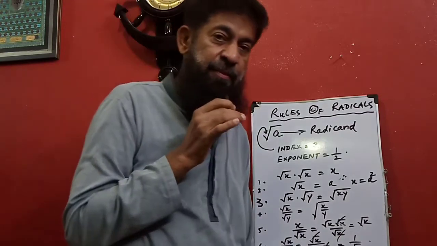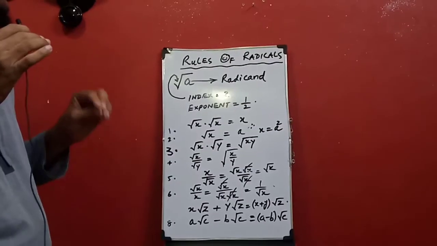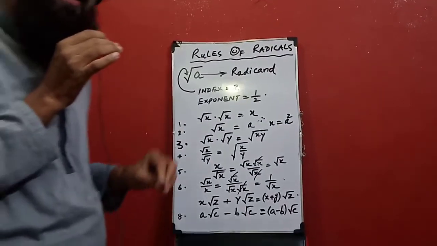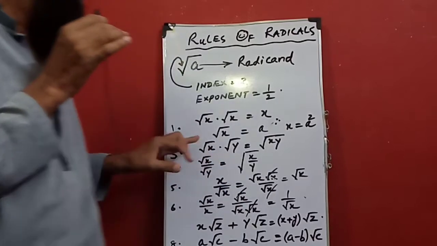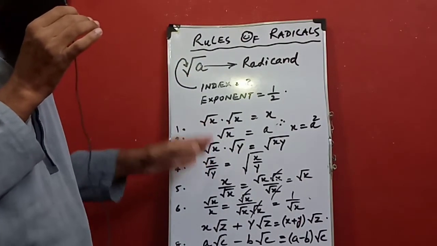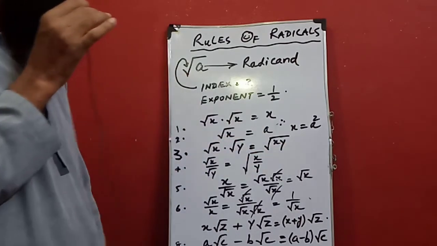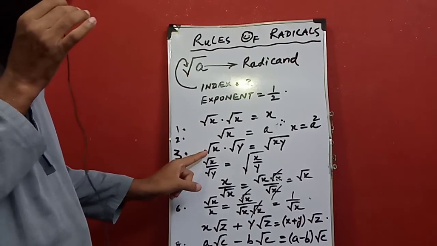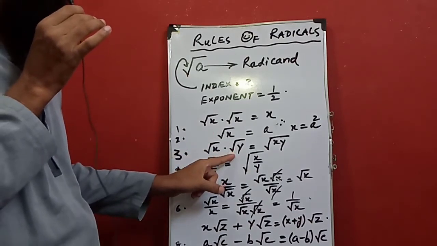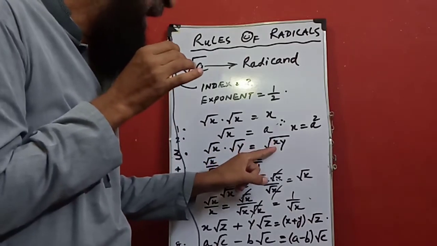Rule number 3, if two different variables or terms are multiplied by each other in the radical sign, we write the product under one radical sign. That means root x multiplied by root y is equal to root of x into y.